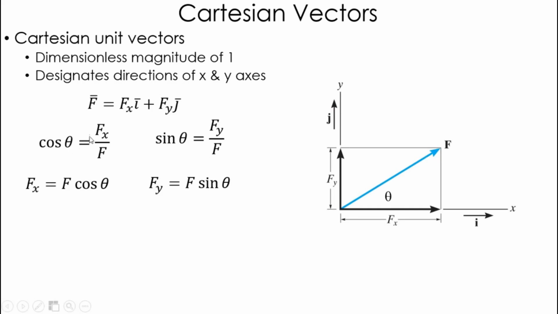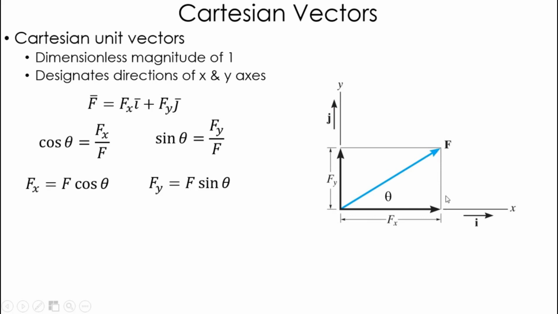Okay, so hopefully you remember from trigonometry that the cosine of an angle is the adjacent side of the triangle over the hypotenuse. So the cosine of theta here is Fx divided by the magnitude of F. Okay, same thing for the y component. Okay, remember this magnitude and this magnitude are identical.